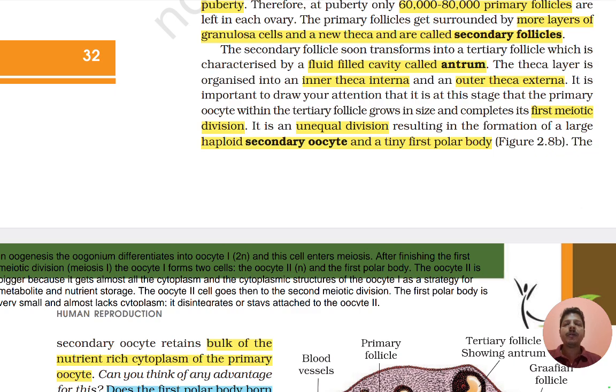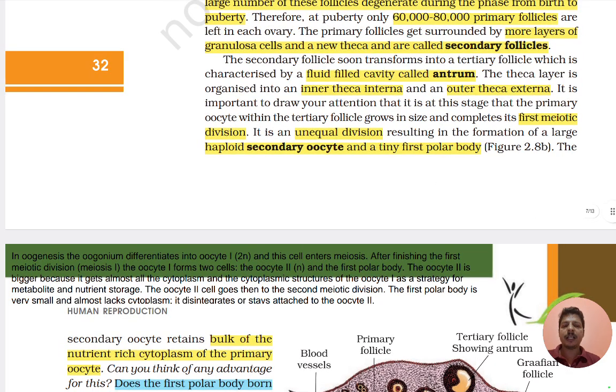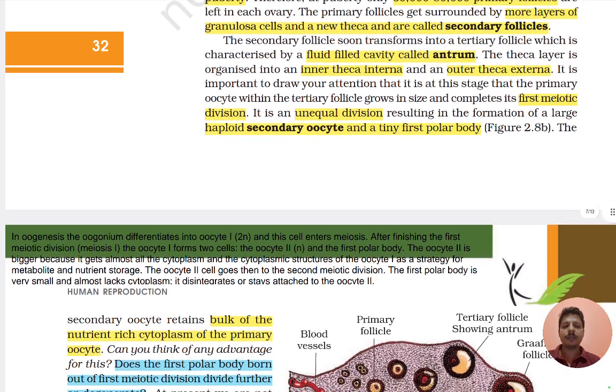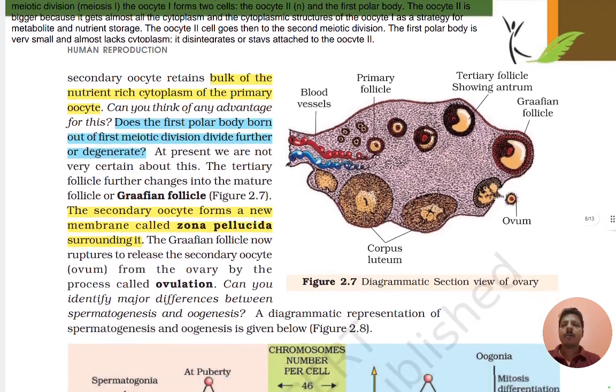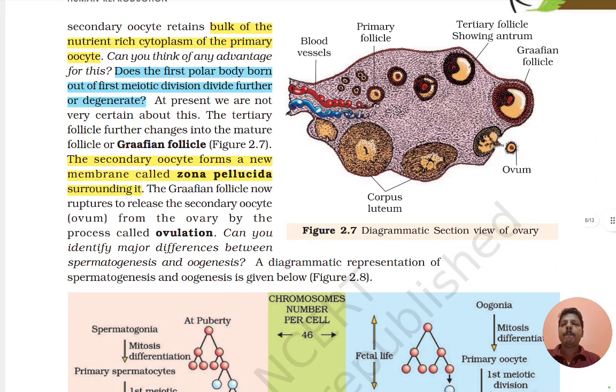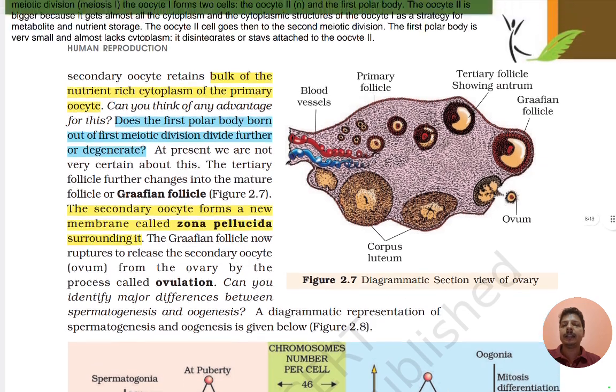Next, here you can see the first meiotic division. It is an unequal division where a large haploid secondary oocyte and a tiny first polar body are formed. Here the question was asked, whose answer I already told you. Here, the bulk of the nutrient rich cytoplasm of the primary oocyte. Here the question: does the first polar body born out of the first meiotic division divide further or degenerate?